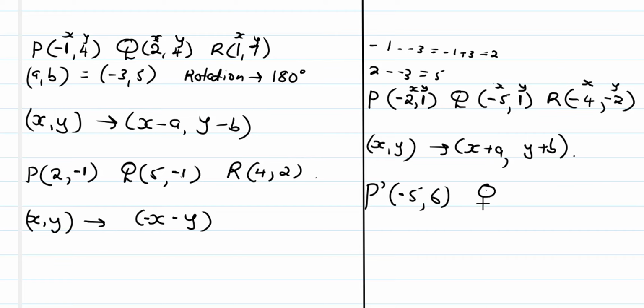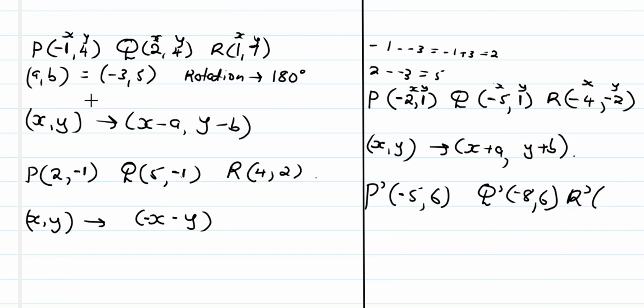Then we go to q, we apply the same, q rotated will be negative 5, and we have plus negative 3, which will be negative 8, and then we have our 1 here, and then we have b, which is 5, so it will be 6.